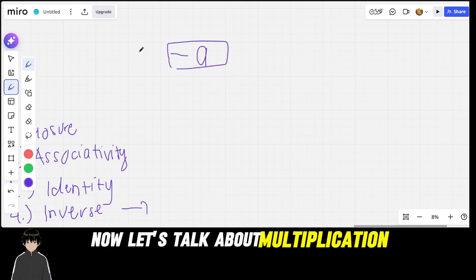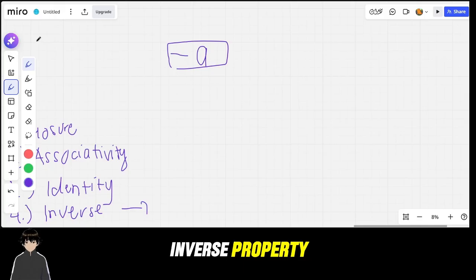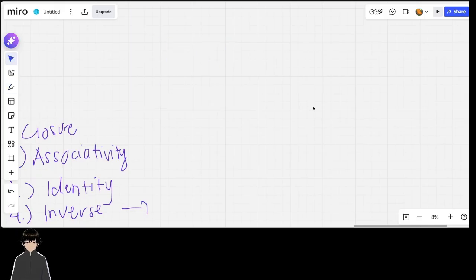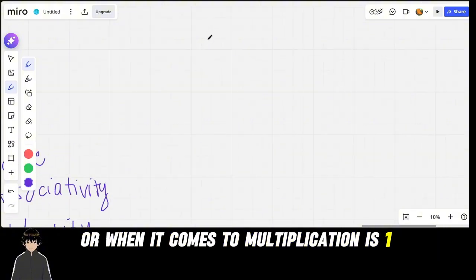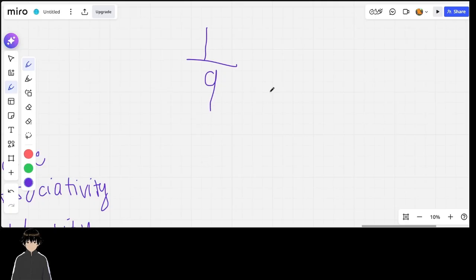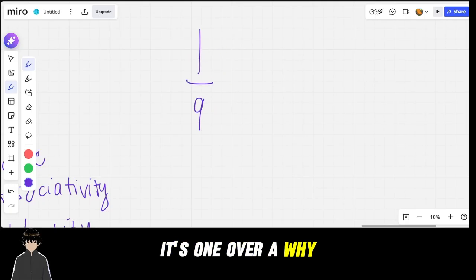Now let's talk about the multiplication inverse property. The inverse when it comes to multiplication is 1 over a. Why?